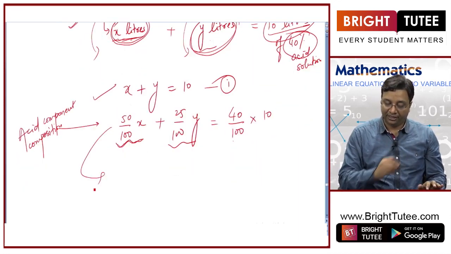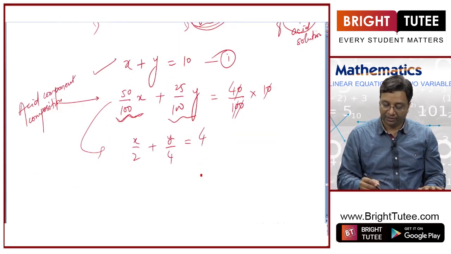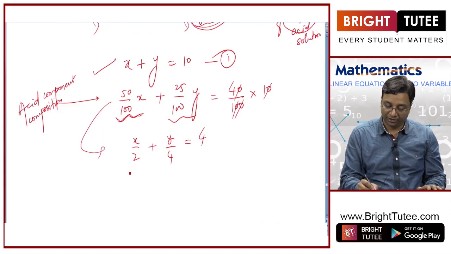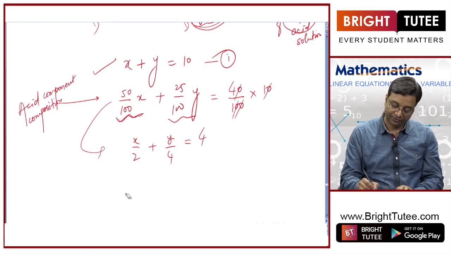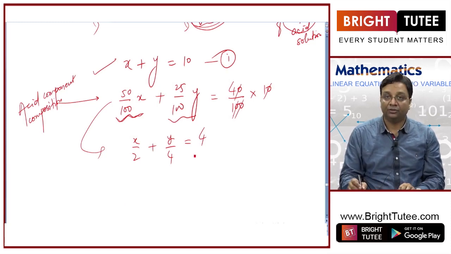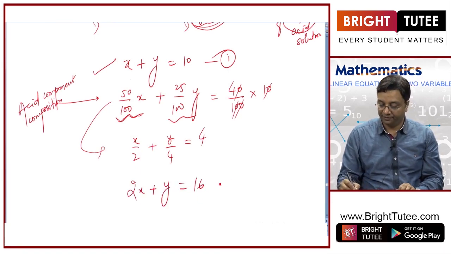And this will give me my second equation, which will be x by 2 plus y by 4 is equal to 4. If I multiply this equation by 4 on both sides, this will give me 2x plus y equal to 16.